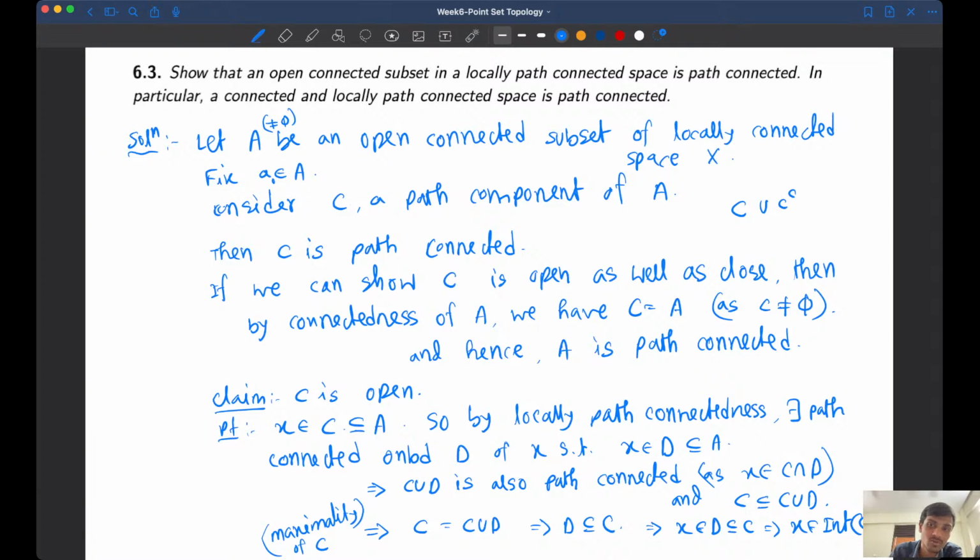C and C complement are both open and both closed, but this is not possible unless one of them is empty. But C is non-empty, so if it is not the whole of A, then C complement will also be non-empty, and that will provide a separation for the set A. But A is connected, so there does not exist any separation, so hence C has to be equal to A.